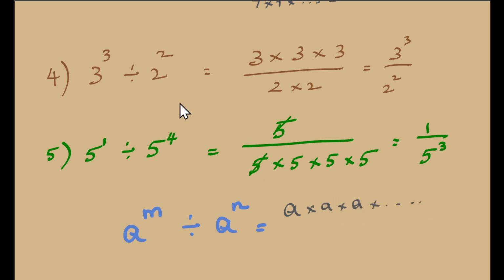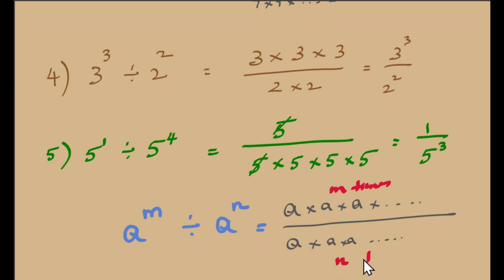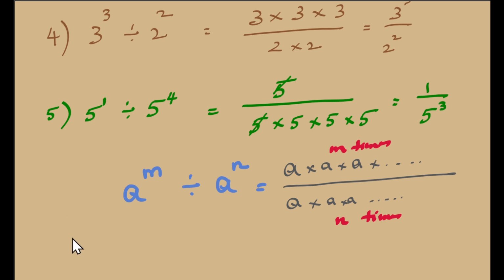A is multiplied m times, right? M times. And what do I have in the denominator? This is over, once again, a multiplied by itself, this time we have n a's. We have n times. And for simplicity now, for the time being, let's assume that m is greater than n.